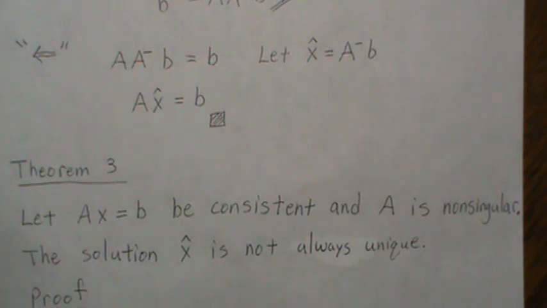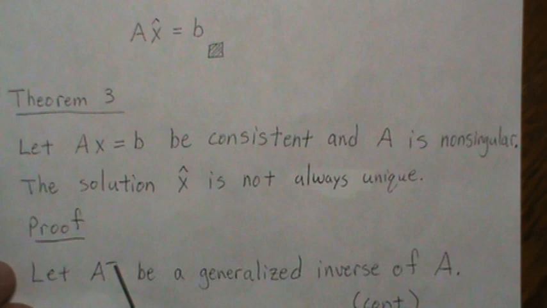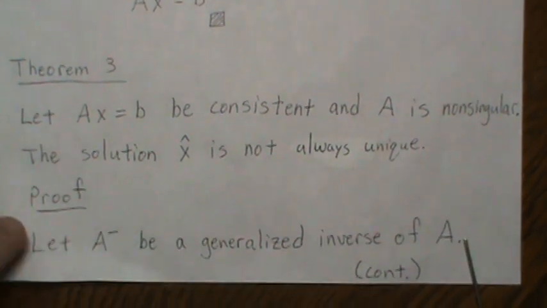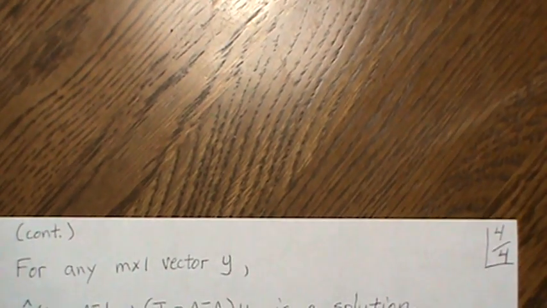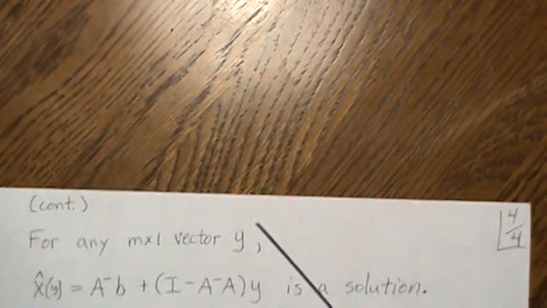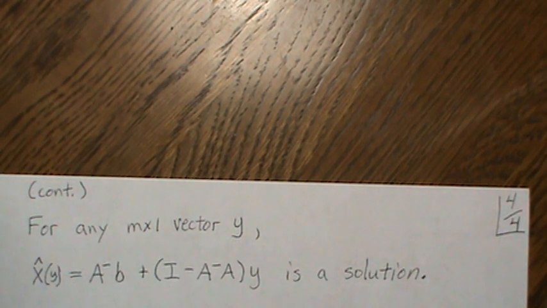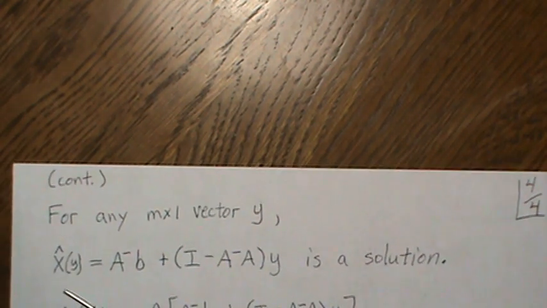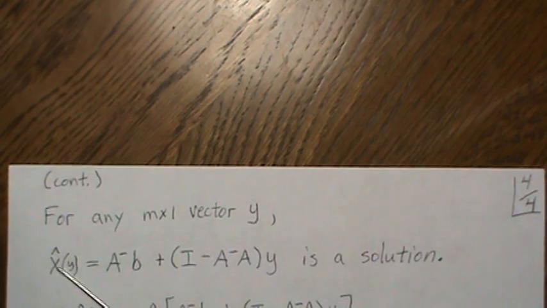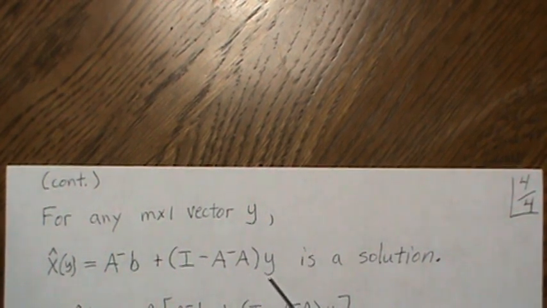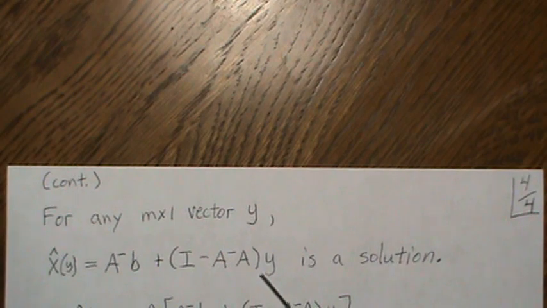It only has to satisfy that one requirement. So let's let A dash be a generalized inverse of A. Then for any m by 1 vector y, this is a solution. I'm going to call it x hat y, because this solution is actually a function of y. So you put in any y vector and you get another solution.